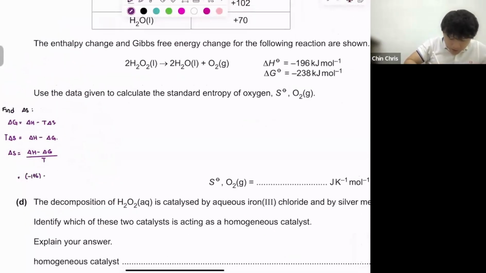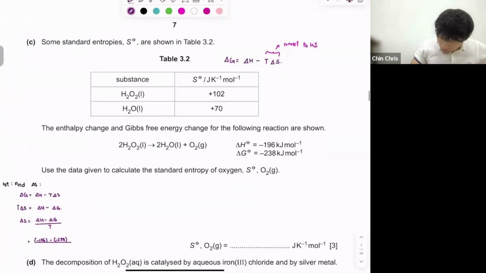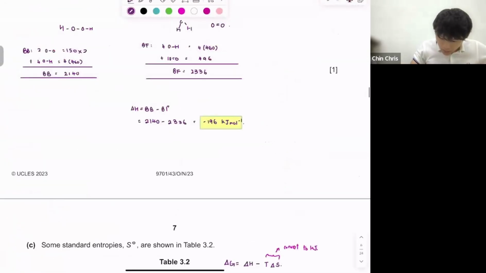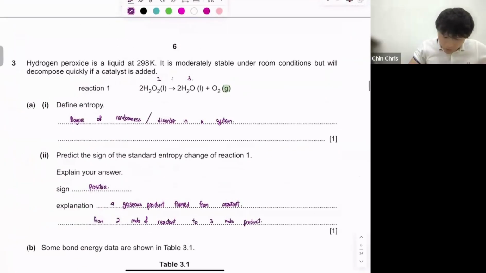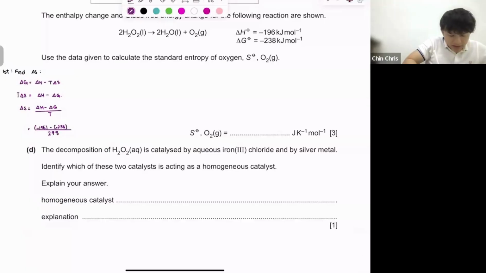Negative 196 minus 238 over, what's the temperature again? Up there, 198. Okay, guys, your answer here is given as kilojoule. Second, can you convert into joule?